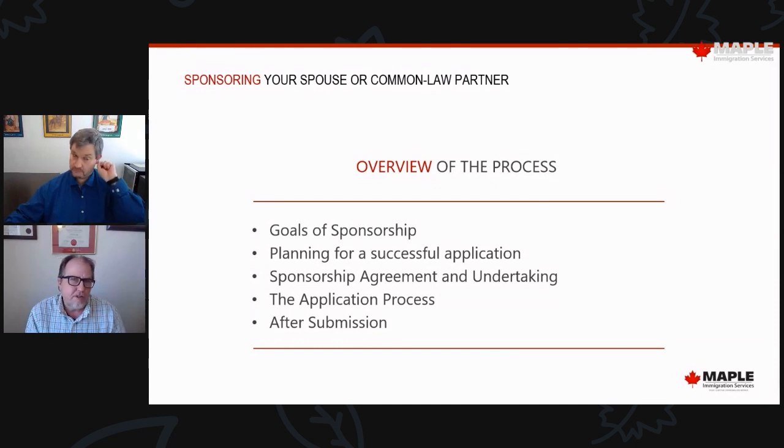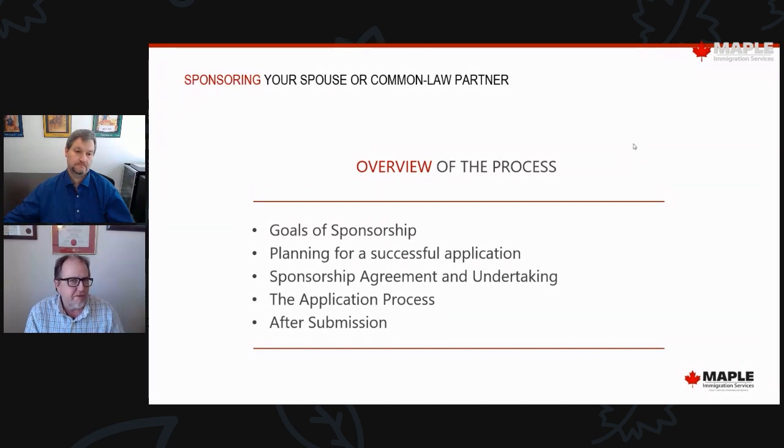Other things they will ask you to do as the applicant, that is the person being sponsored, is to complete biometrics now. That is photographs and fingerprints. If you're overseas, you can do it at a visa application center in your country or any country that you are allowed to have status in. If you're in Canada, this just started in December of 2019, you now have to also supply biometrics in Canada at Service Canada centers.